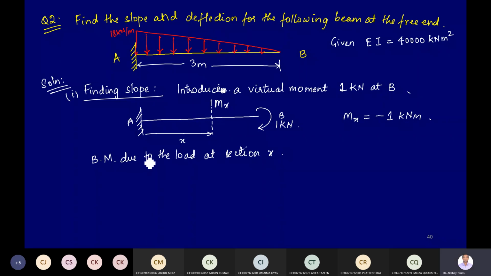so how do you calculate the bending moment? This is the real load or the externally applied load.